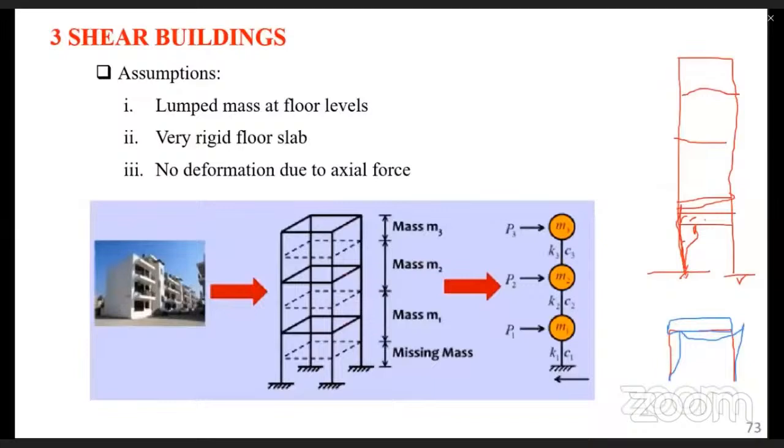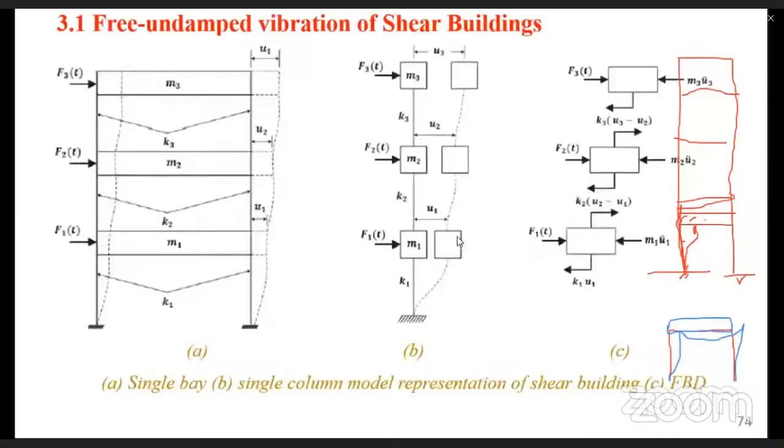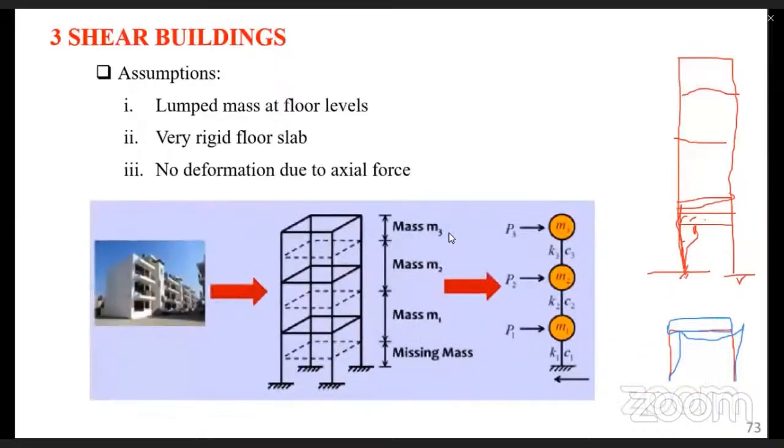But in this case, we want to minimize the analysis cases, the parameters that we need to consider. So we hold some constant. Number two, we want to have a worst case scenario where there are no vertical loads applied. So that's why we are talking of no deformation due to axial force. We are interested in the lateral loads.